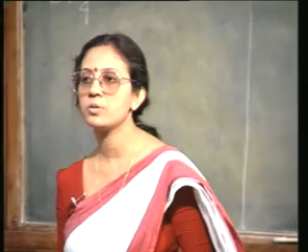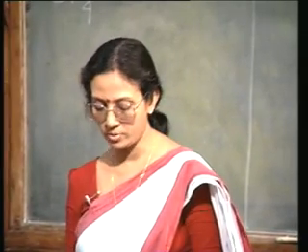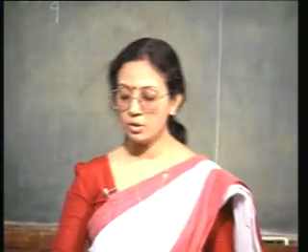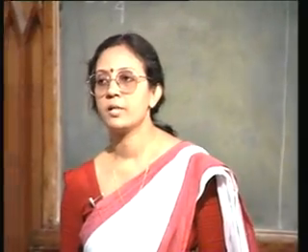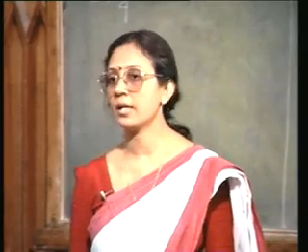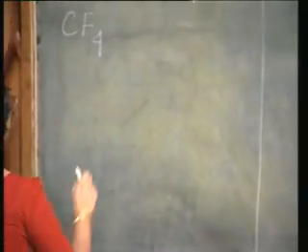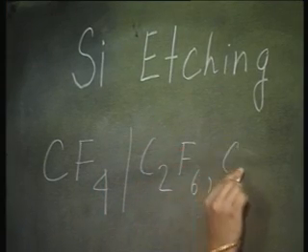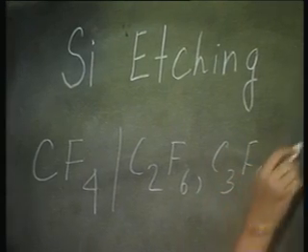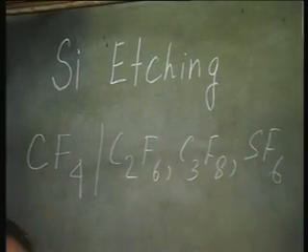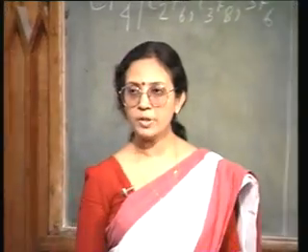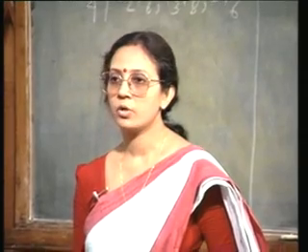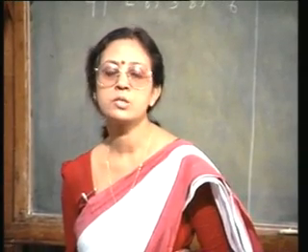Of course, you can use any other fluorocarbon, that is C2F6 or C3F8, or a newer gas like sulfur hexafluoride SF6. They all behave pretty much in the same way. So, we will focus our discussion with respect to CF4.